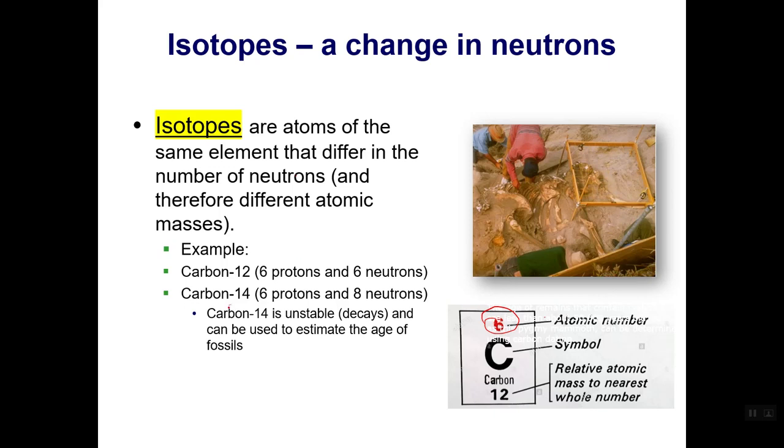So a lot of times the way we will write isotopes is like this: carbon dash whatever the mass number is, so carbon-12 or carbon-14. That tells us carbon-12 has 6 protons and 6 neutrons, because carbon always has 6 protons. And after we subtract 12 minus 6 to get the number of neutrons, there's 6 left. So carbon-12 has 6 protons and 6 neutrons.